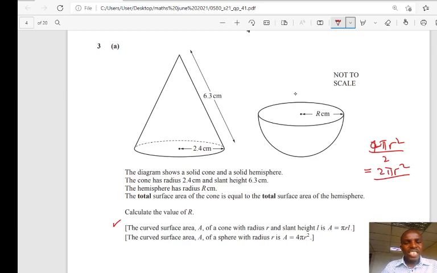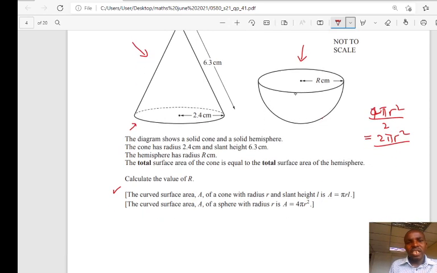Then for total surface area, on this sphere we have to say curved surface area plus area of this circle. The same rule applies on this cone. We have to say curved surface area plus the area of this circle down here, right? So let's equate. If they are equal, we say total surface area of the cone is equal to total surface area of the hemisphere. You form your simple equation, then you find the value of r.